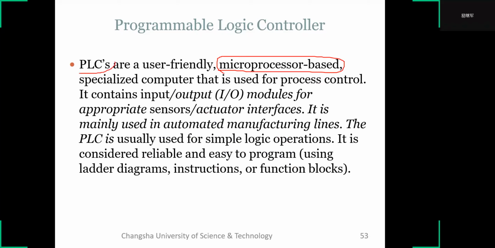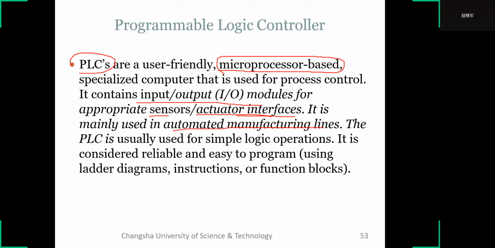From here we know the PLC consists of a microprocessor. It contains input modules for approximate sensors, and an actuator interface. It is mainly used in automated manufacturing lines.